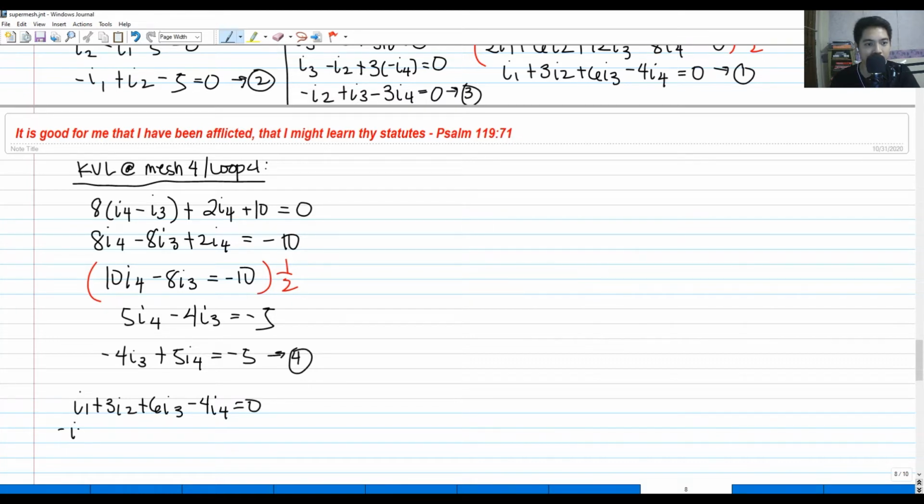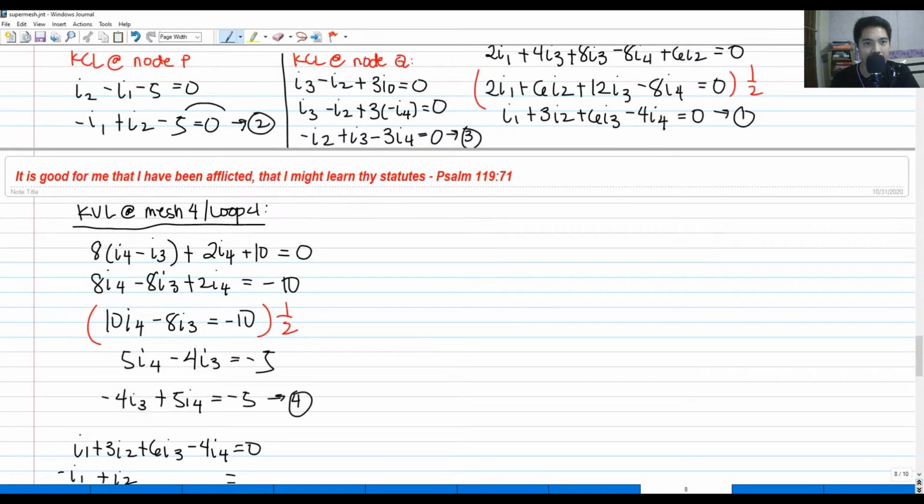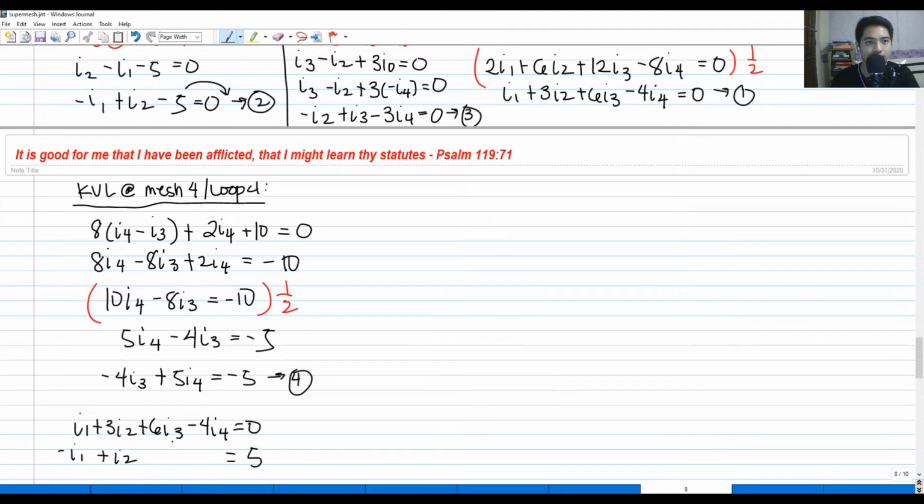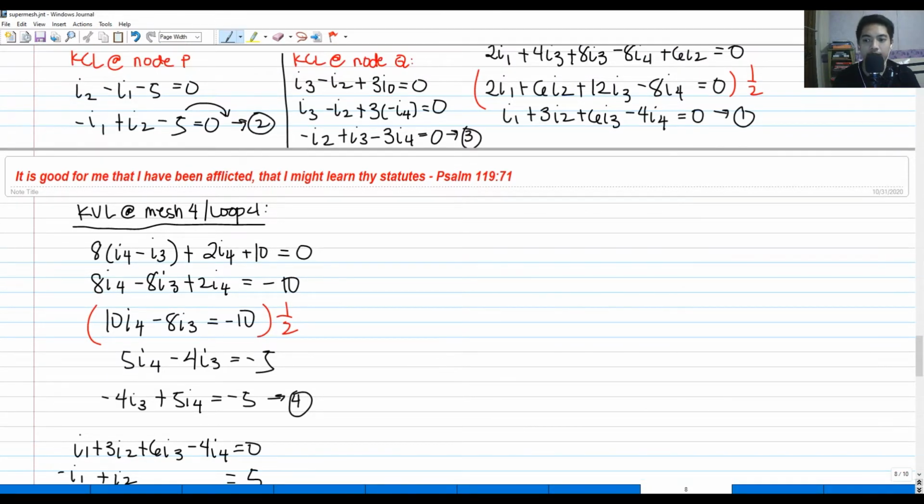Our second equation is negative I sub 1 plus I sub 2, and I could transpose the constant to the right side so that it becomes positive 5 here.